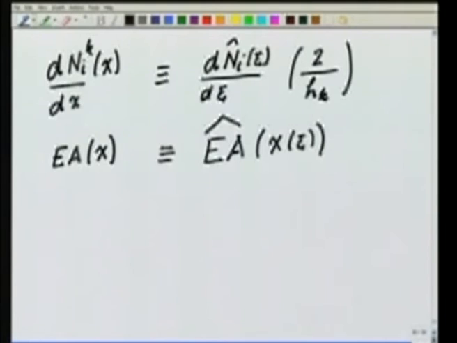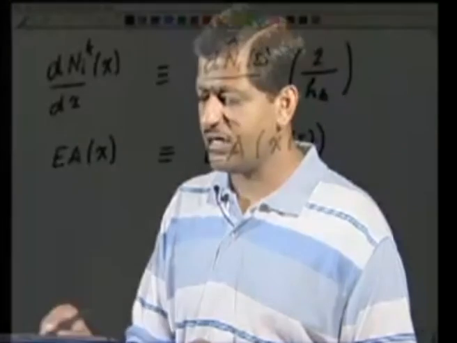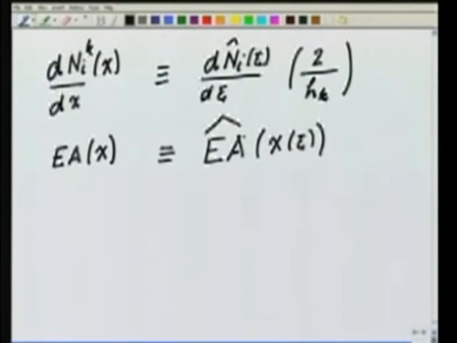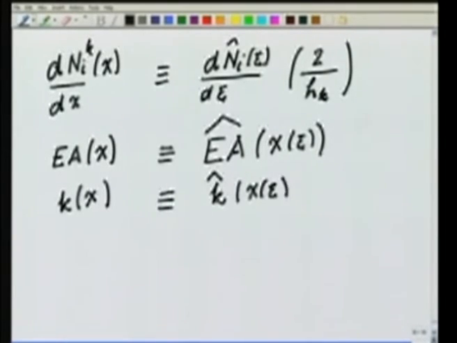That now I can write, by using the transformation properly, that EA as a function of x can be written as a function of psi given by EA hat. Similarly, if I had the distributed springs k of x, that would be equivalent to k hat, which is a function of psi, and f of x, which is the distributed load, will be equivalent to f hat, which is a function of psi.